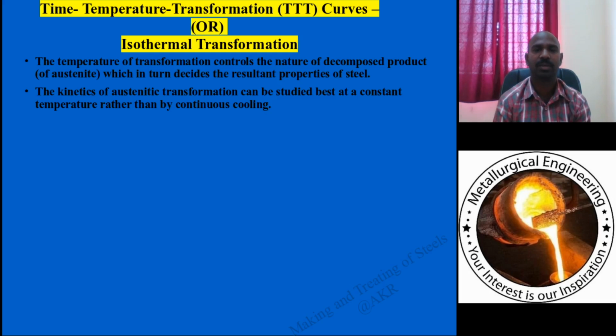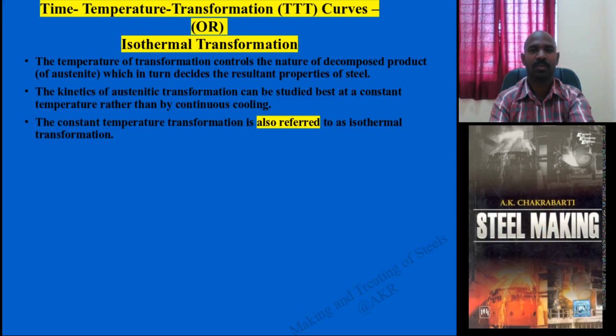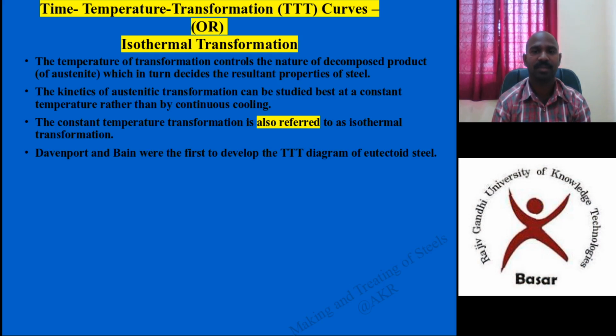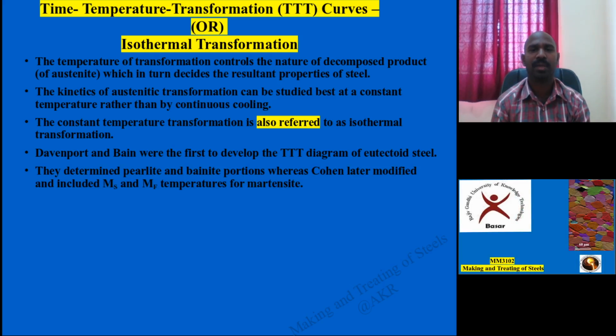and is witnessed for standard applications, where the phase transformations are studied. Constant temperature transformation is also referred to, as I mentioned, as isothermal, and it was basically developed by Davenport and Bain, who first gave the TTT diagram for eutectoid steel.